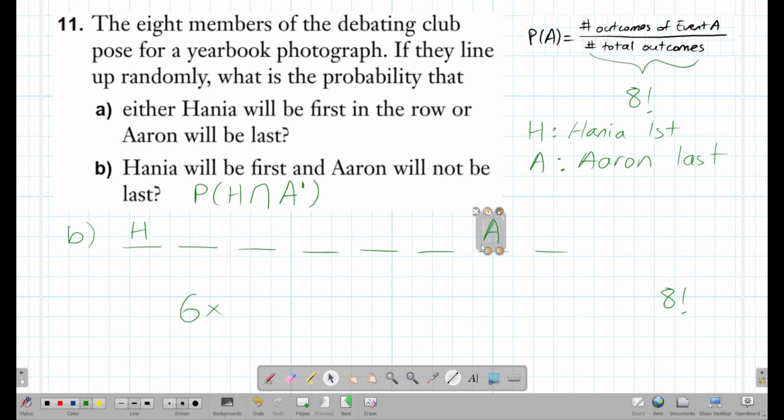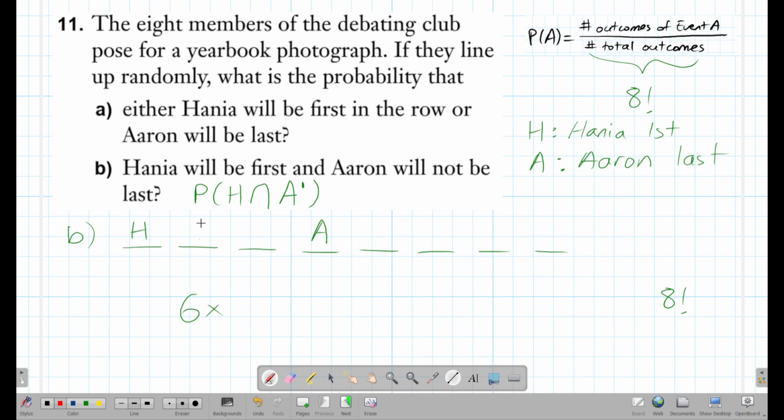And let's say I put him here. Just randomly here. That was an arbitrary decision. I could have put him here, I could have put him here. Doesn't really matter. I'm going to say I put him here. And in this case, how many ways can we arrange the other 5 people?